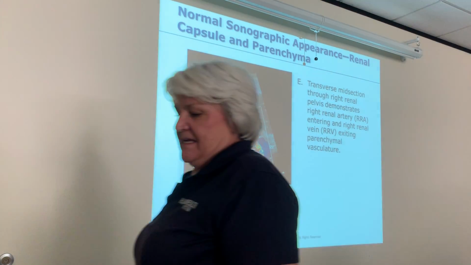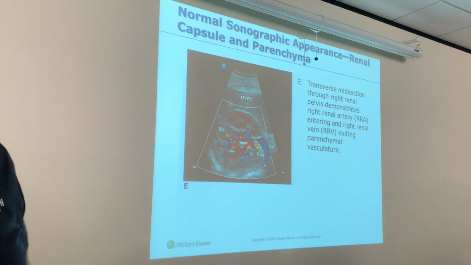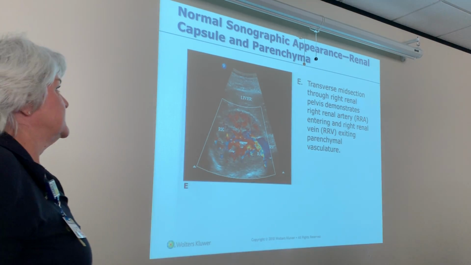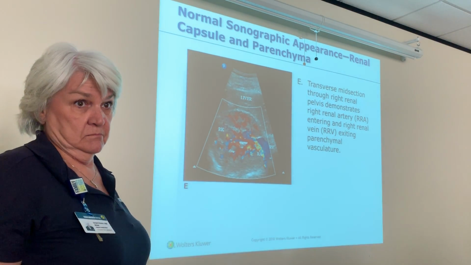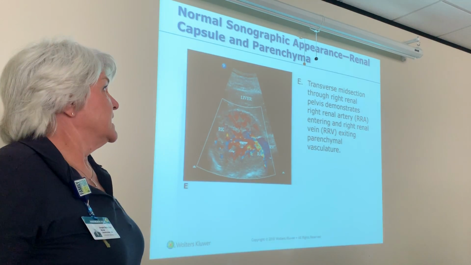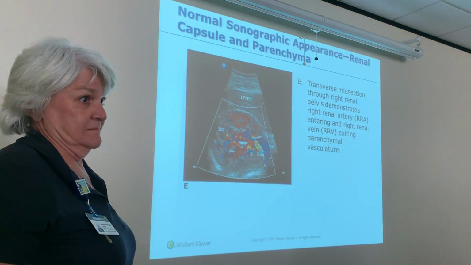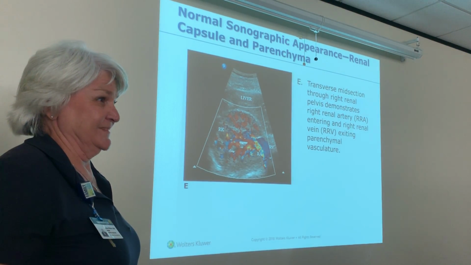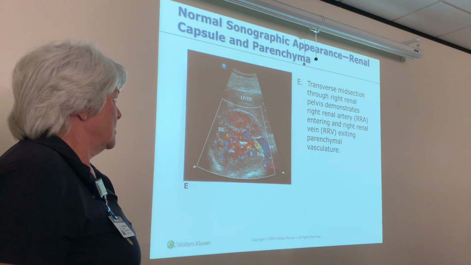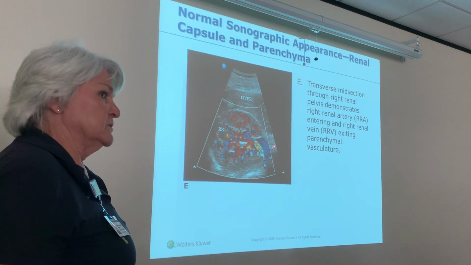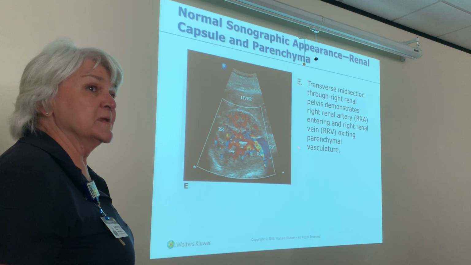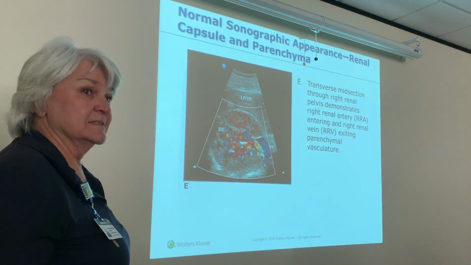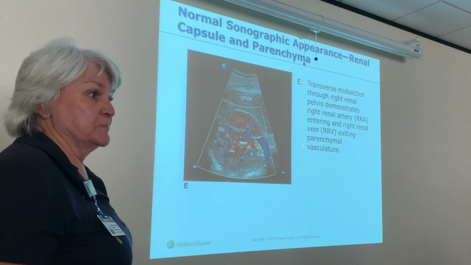Okay. So now I've got my kidney, and they like to see color. Now, we can adjust the color. The renal vein, the only way I would know the renal vein is to put Doppler on it.